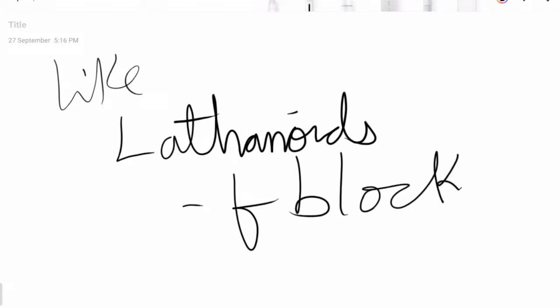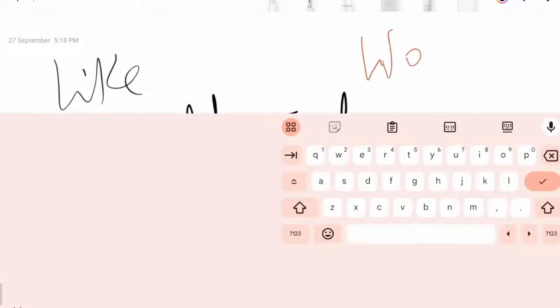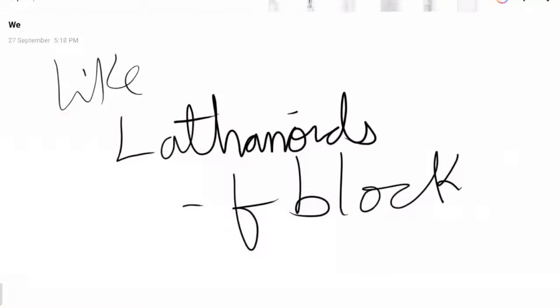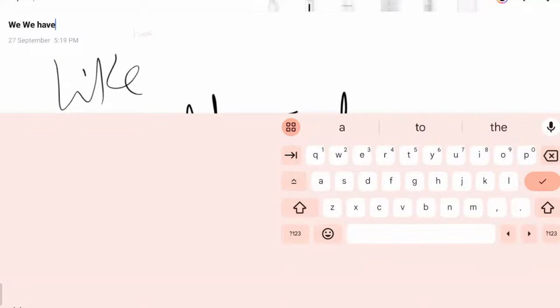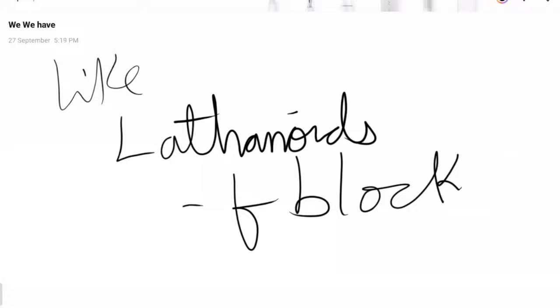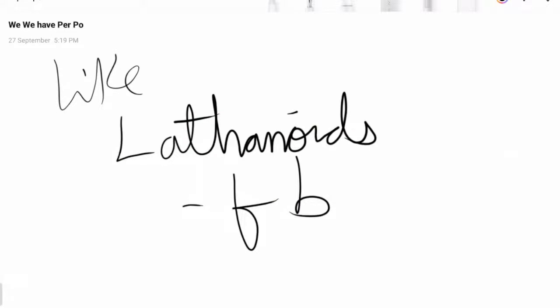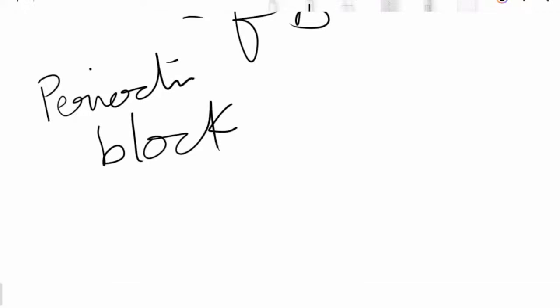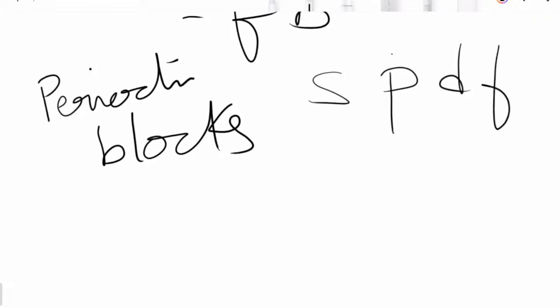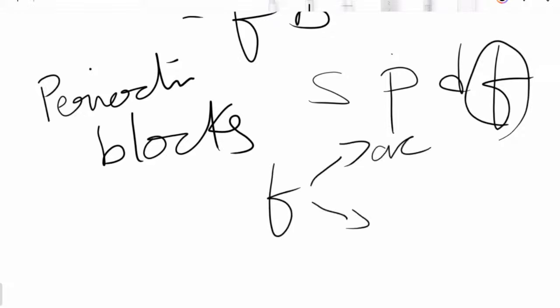When we are talking about the periodic table, we have different blocks like S block, P block, D, and F. So in that, the F block has two parts, actinoid and lanthanoid.